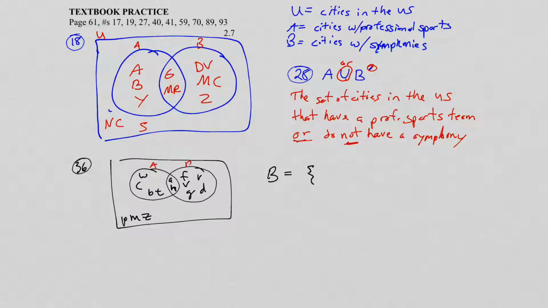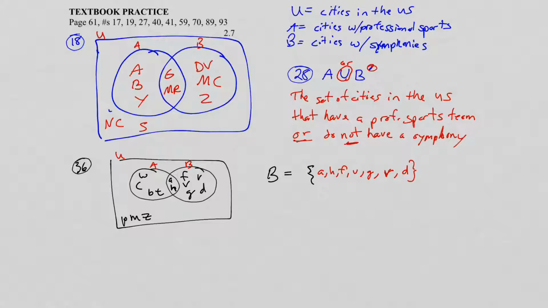This is A, this is B, this is U. So the entire circle for B. So 2, 4, 6, 7. Okay.